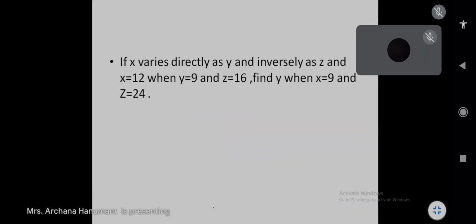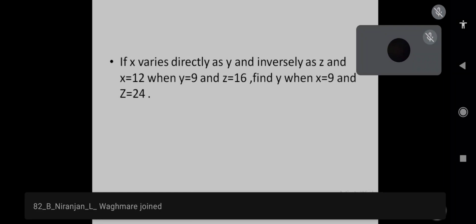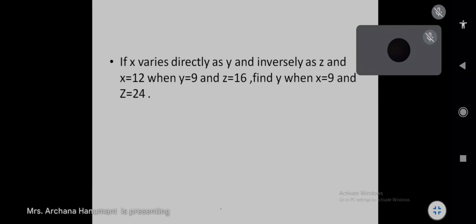Here x varies directly as y and inversely as z. That means depending on this, what can we take? x directly varies as y, correct, and x inversely as z, x inversely 1 upon z.